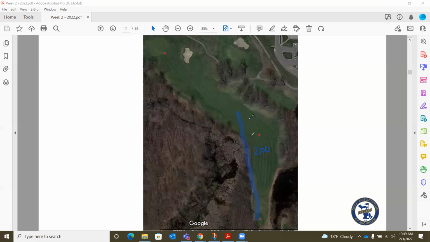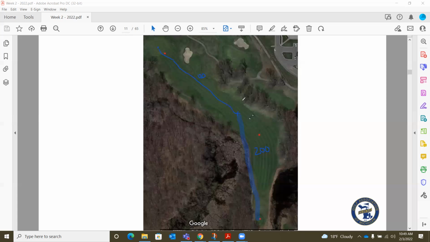Then to determine the adjustment, we measure from our X, where the ball ends up, to the middle of the green. Let's say this distance is 120.